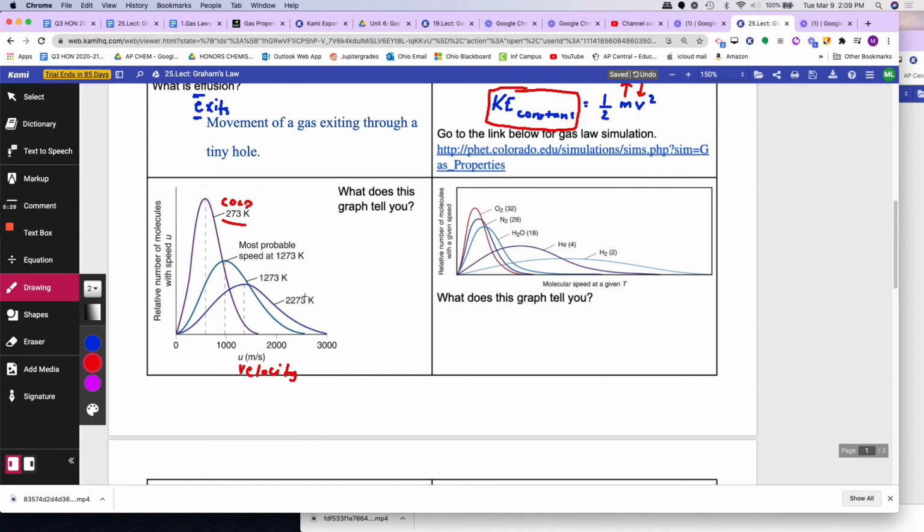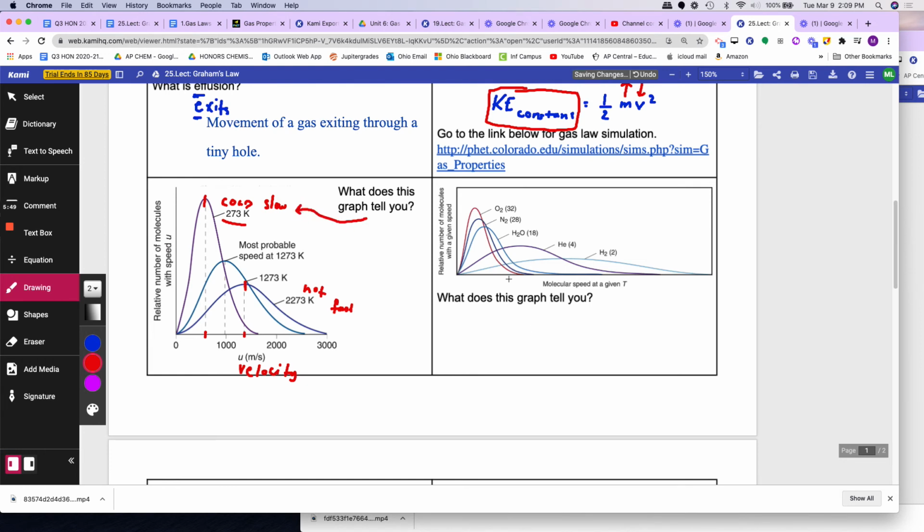At 2,273 Kelvin, it is hot. As you can see, the velocity is slow over here, about 500 meters per second, and the hot is about 1,500 meters per second. So the cold molecules are slow, and the hot molecules are fast. That's what the graph tells you, okay?